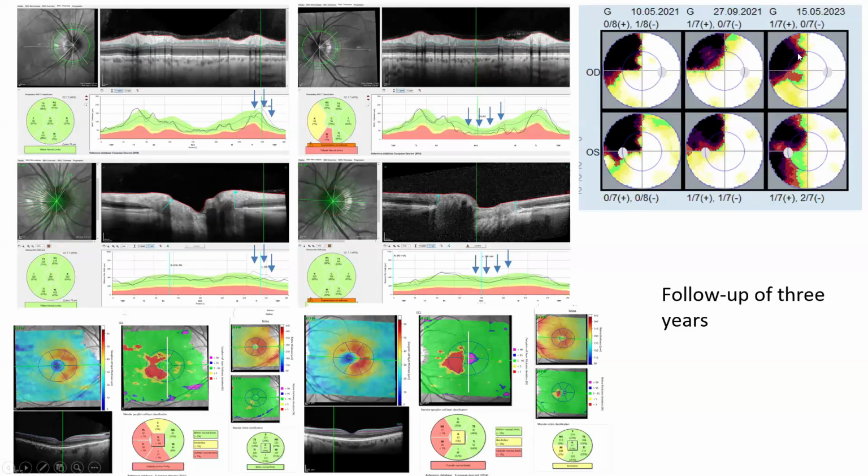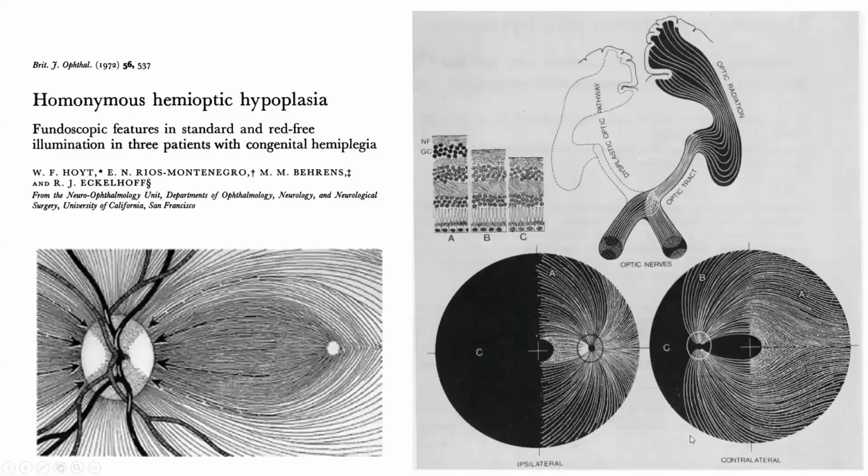You also see that the visual field, now the horizontal midline is crossed and the visual field defects grow to the lower hemifield as the ganglion cells are lost in the upper hemifield also. So it's a very nice correlation, ganglion cell topography to visual field, structure and function.